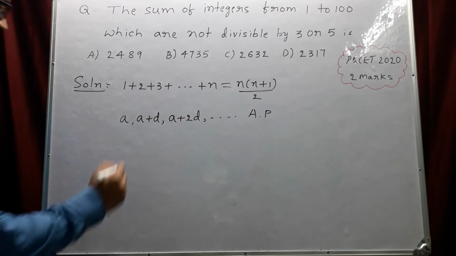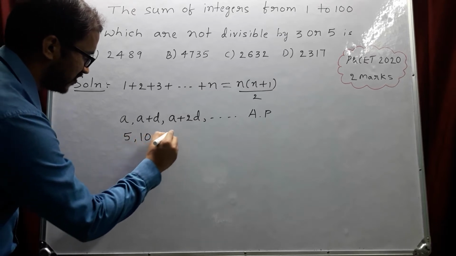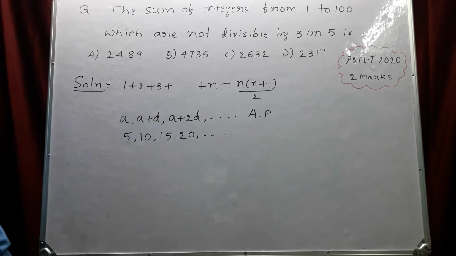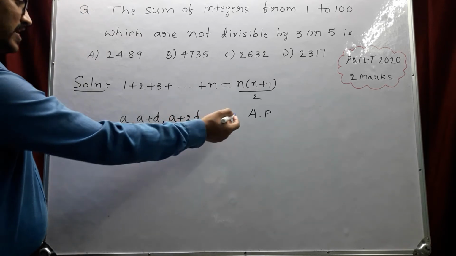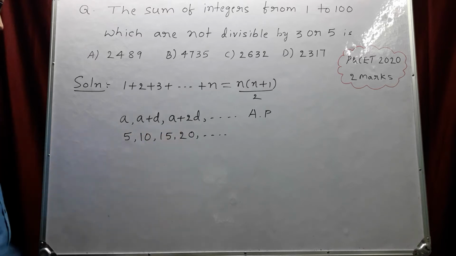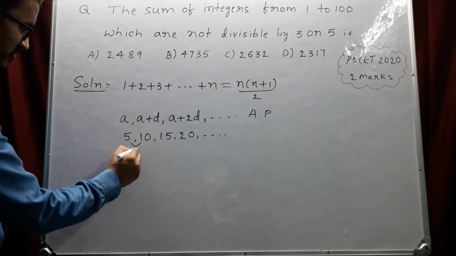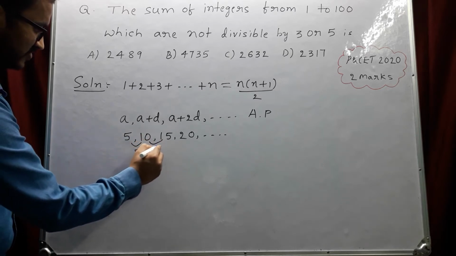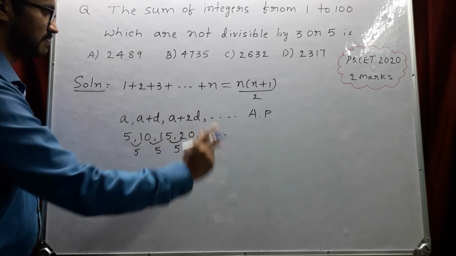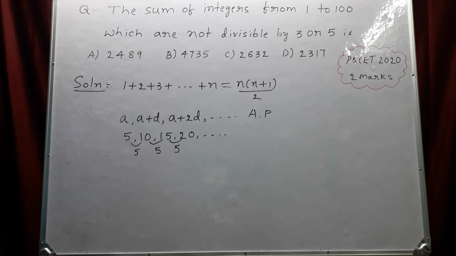Suppose you take 5, 10, 15, 20, so on. This sequence is an arithmetic progression, because the difference of any two consecutive terms is 5: 10 minus 5 is 5, 15 minus 10 is 5, 20 minus 15 is 5.